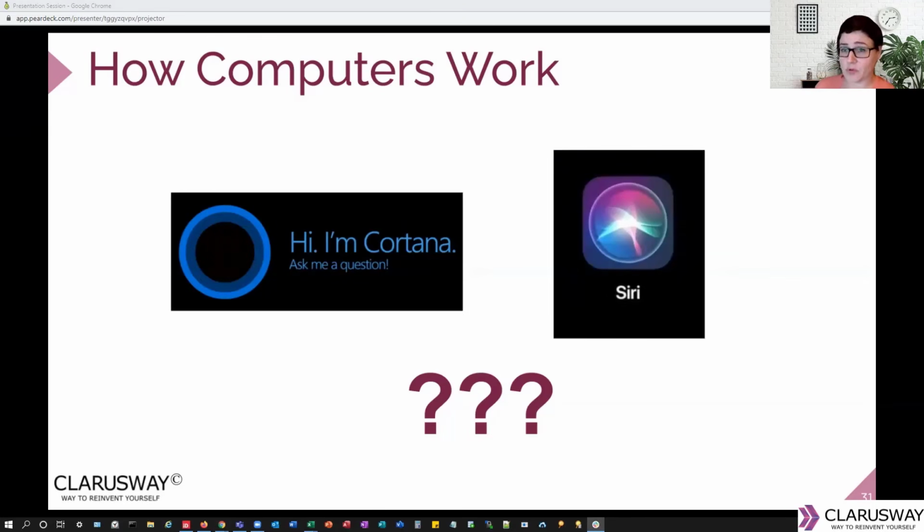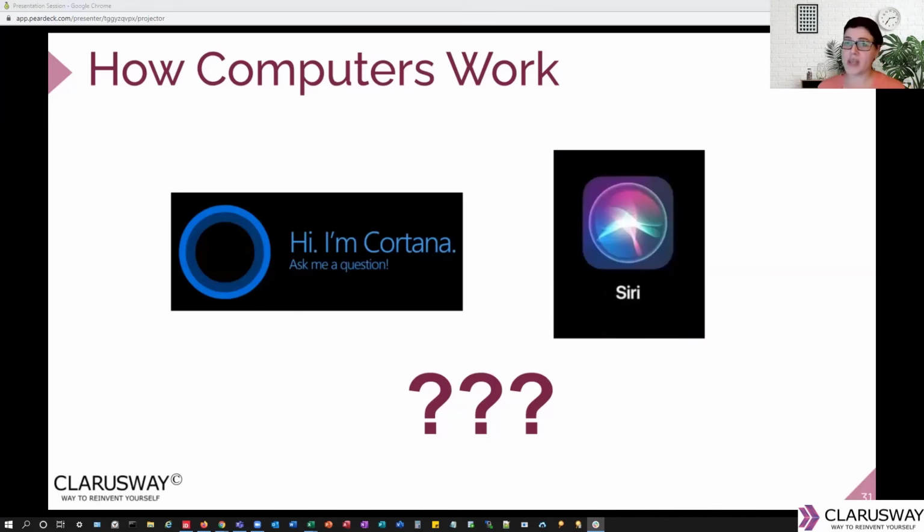I like this example because it is tricky, right? In the technical sense, an input device or an output device, they're hardware. So Cortana and Siri, they're actually software. So you provide inputs and you receive output, but the method that you're providing that input or output from a hardware perspective is through keyboard or microphone.